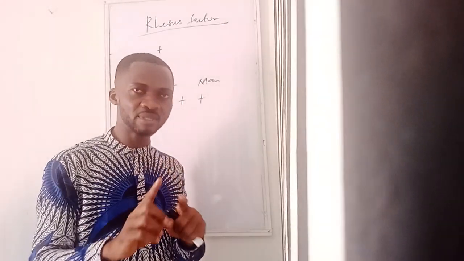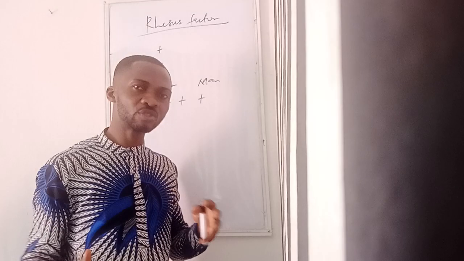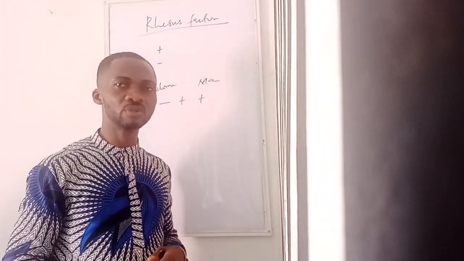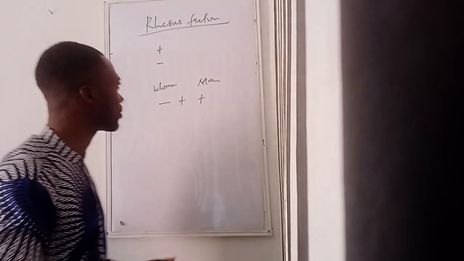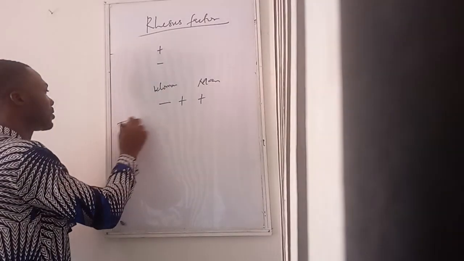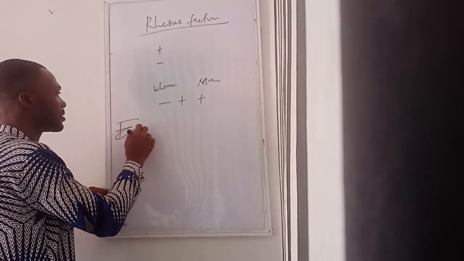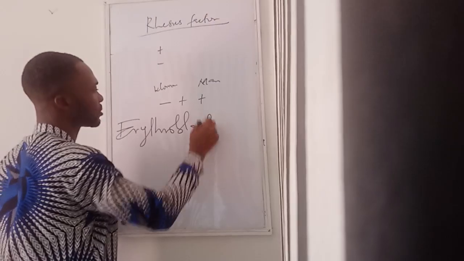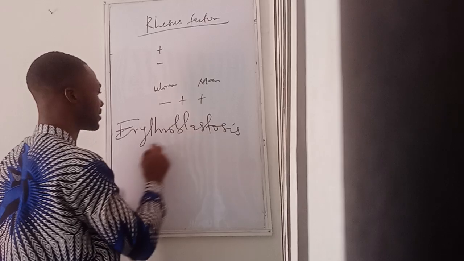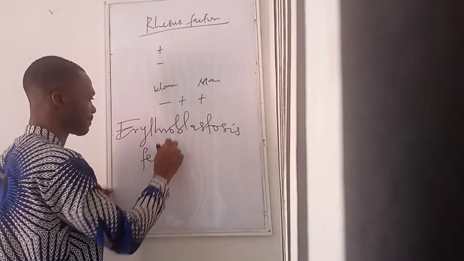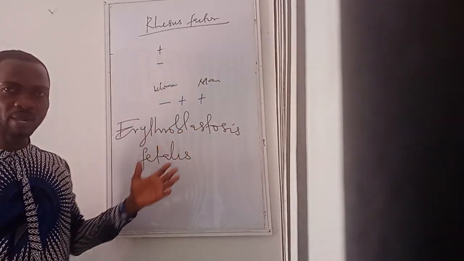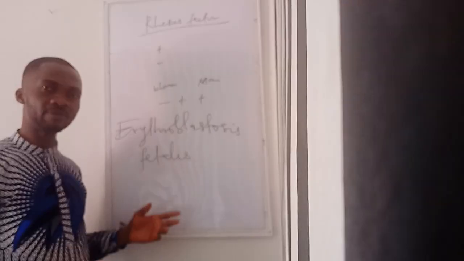When that blood mixes, there will be a fight between her antibodies and the antigen of the fetus. Once this fight ensues, it results in a hemolytic disease called erythroblastosis fetalis. Erythro is red blood cell, blastosis is blasting or breaking, fetalis is fetus.